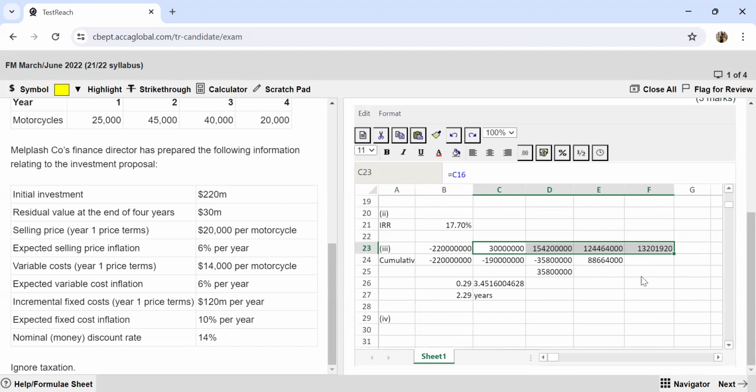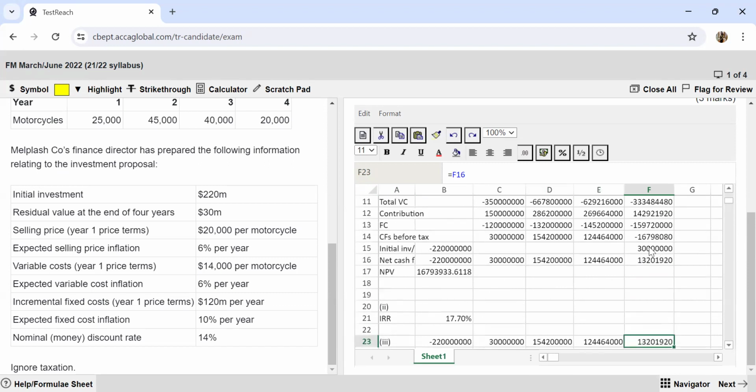But the 13.2 million also includes the scrap value coming in. This is not a profit, but money generated because of selling an asset. So this is not technically profit, and this 30 million needs to be subtracted from here.